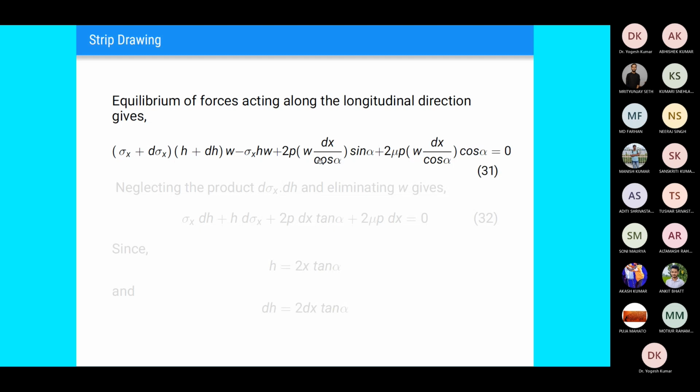Now come to these two parts, that is 2 p w dx upon cos alpha into sin alpha plus twice of mu p into w dx upon cos alpha into cos alpha. Let us try to understand how this component has come: twice of p w dx upon cos alpha into sin alpha.